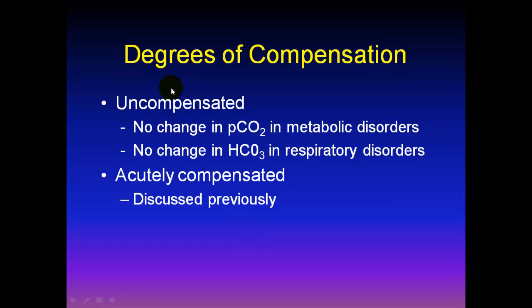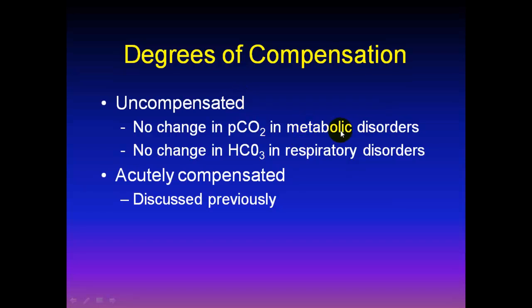So now we talk about degrees of compensation. You can diagnose a single disorder, but there's no guarantee it will be compensated. We've already discussed acute compensation, and we can discuss the concept of uncompensated. If you diagnose a single disorder and the opposite system hasn't made a change, then it's uncompensated.